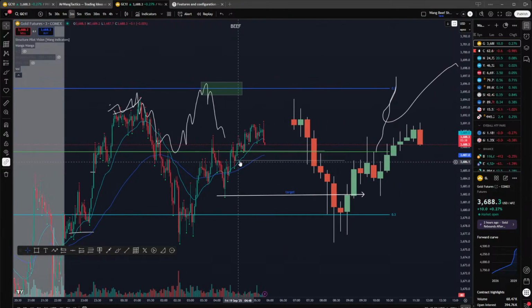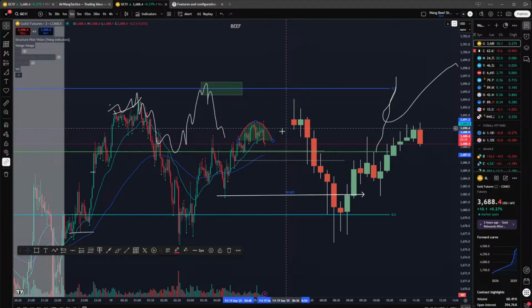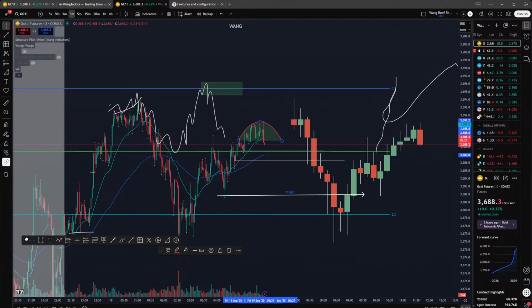Stopping slightly below the 50% right here. You see, this is Dave's rounding. For those who know about Dave, this is Dave's rounding. It is here, also here.